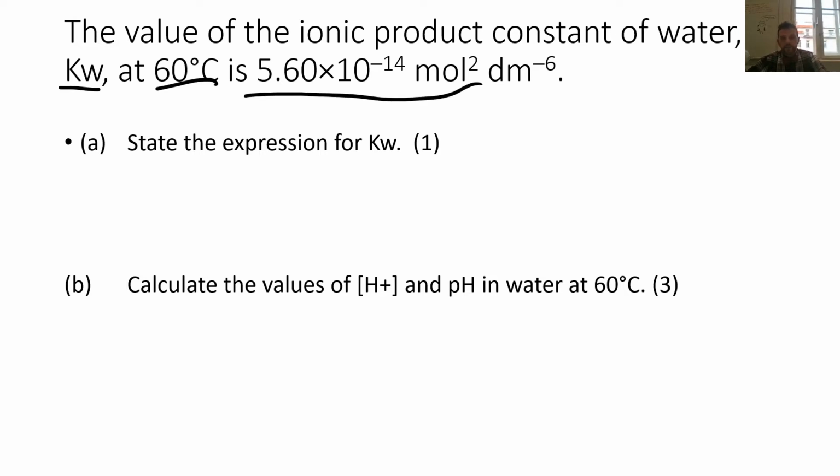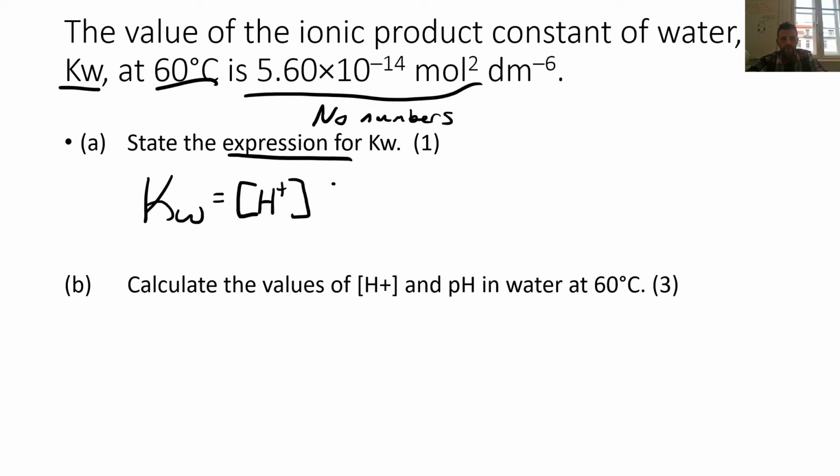State the Kw expression, meaning no numbers, for Kw. So Kw is equal to the concentration of H plus times the concentration of OH minus. There's our 1 mark. Sweet, got it.